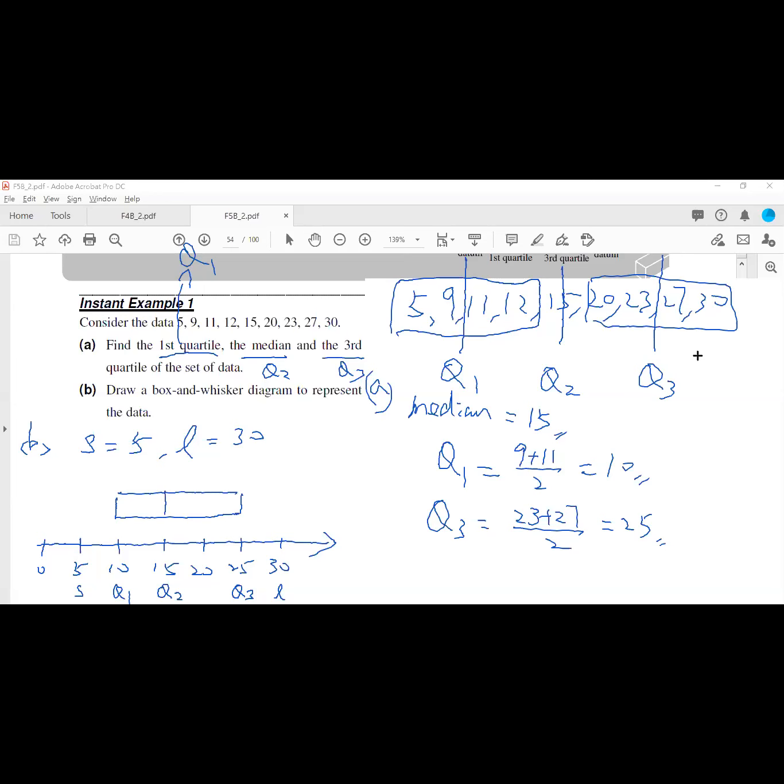It's okay? And then on the left side of the rectangle, we extend a tail to the smallest datum. And on the right side of the rectangle, we extend a tail to the largest datum. Okay? So this is the box and whisker diagram. It's okay?